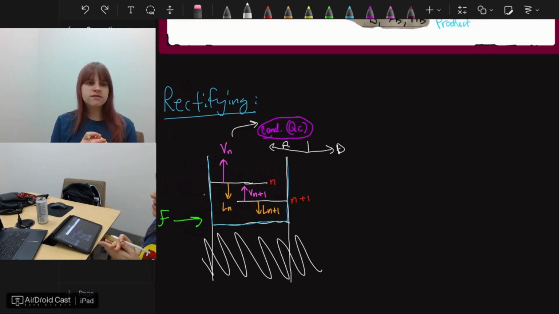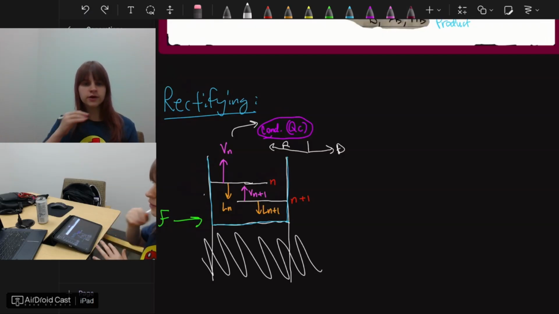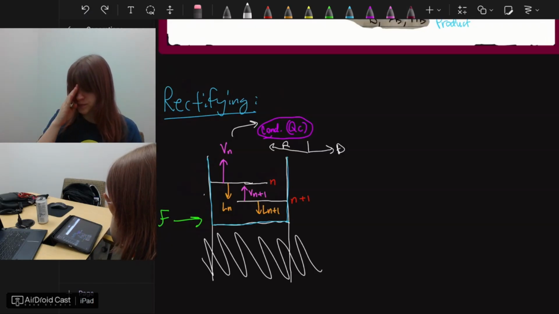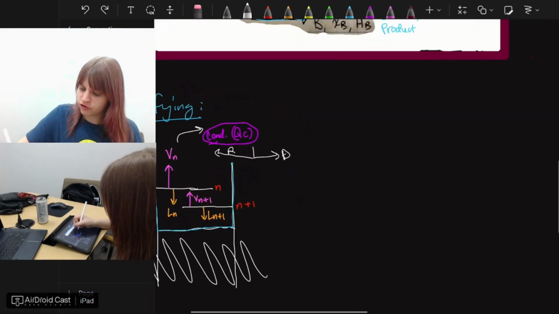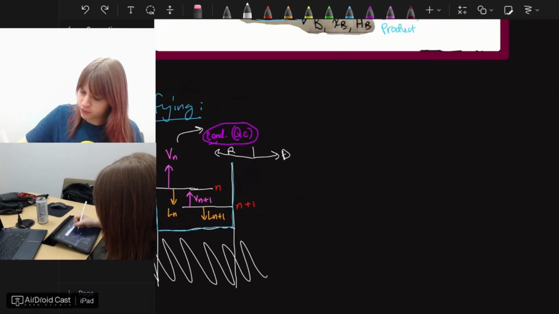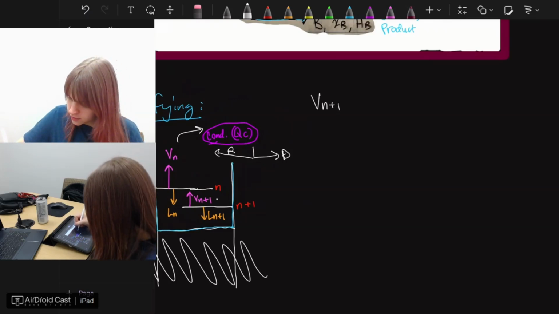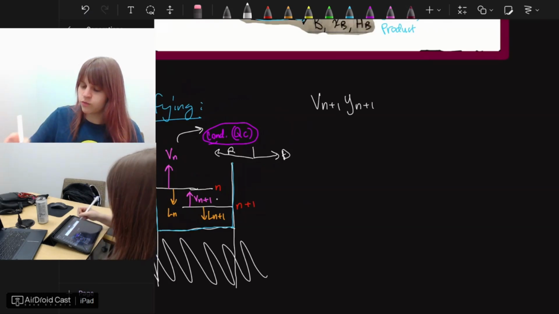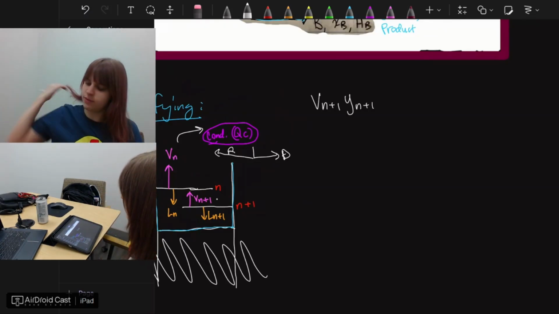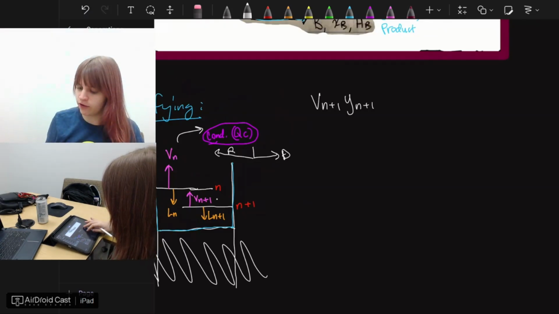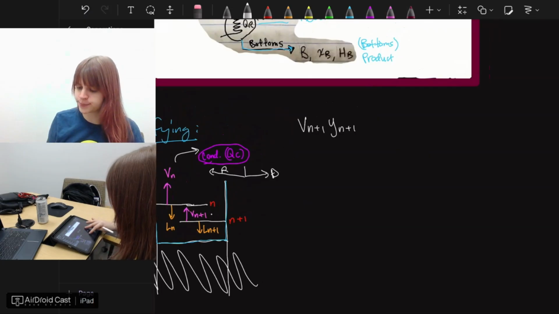So in the rectifying section, what this does is the liquid basically removes volatiles from the vapor components that it's interacting with, enriching the vapor. So from the previous tray we have Vn+1 right here, and Yn+1. Y is just our vapor concentration of the more volatile component.